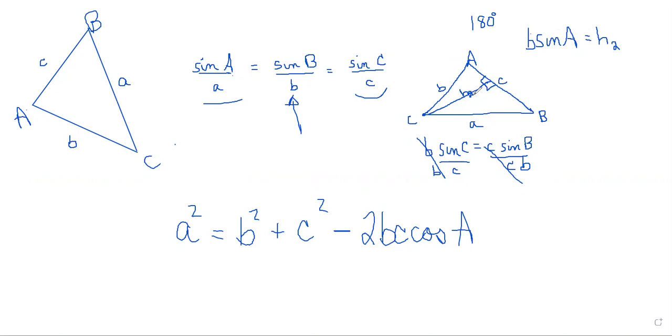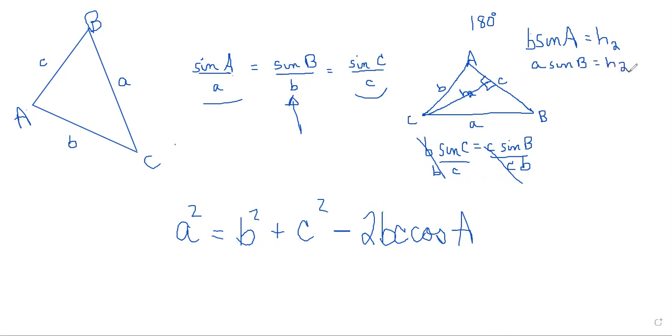This is H2. And now on the other side, again, I see angle B looking at H2. I'm going to write its equation. That's going to be the hypotenuse of a times the sine of capital B. And that is also equal to H2.